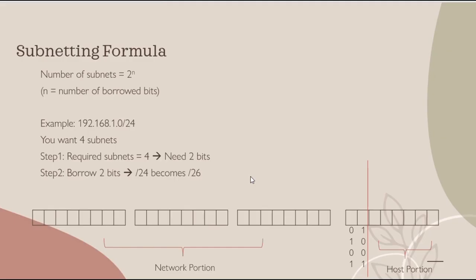If I borrow 2 bits, then 24 becomes 26, and 26 bits are allocated for the network portion. Initially class C has only 24 bits and I borrow 2 bits from the host portion. Totally 26 network bits are allocated.